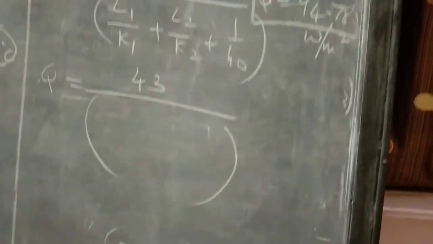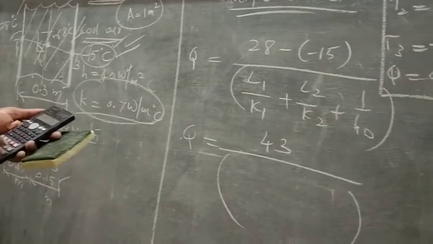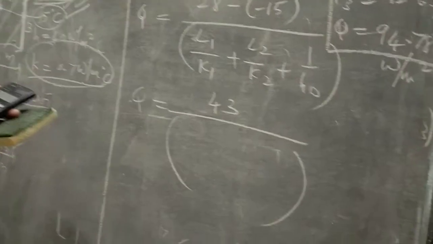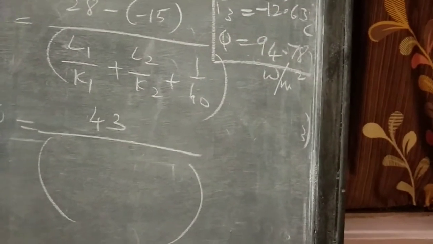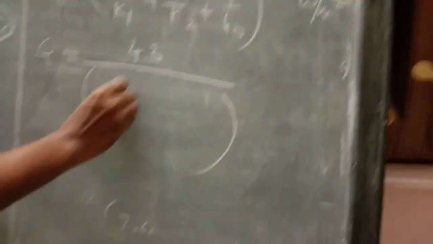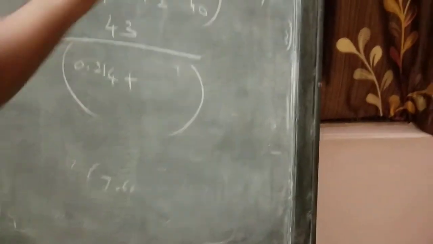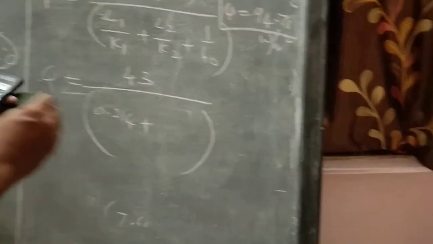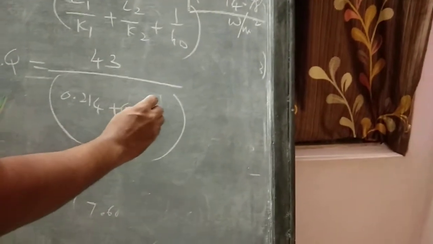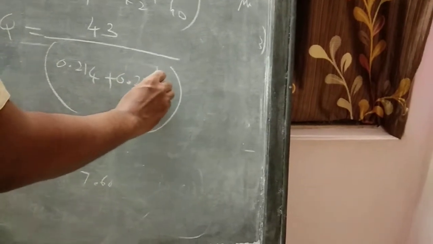What is L1? 0.15. K1 is 0.7. L1 divided by K1, 0.15 divided by 0.7 thermal conductivity, we will get 0.214. Plus L2 by K2 is also the same, because L2 is 0.15 and K2 is 0.7, so we will get 0.214.